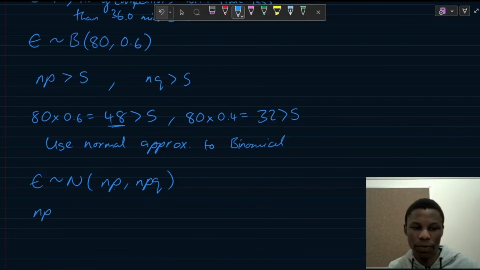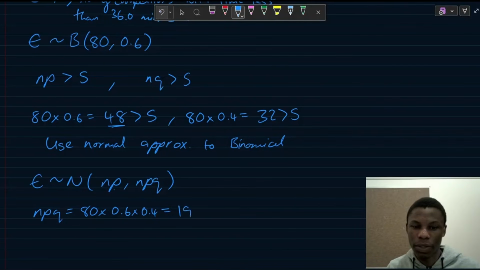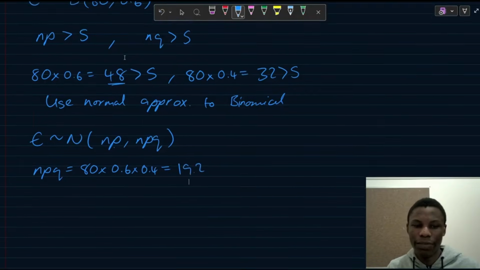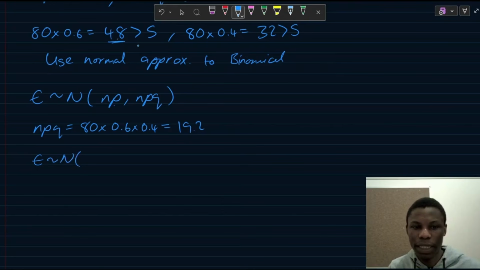For npq, we need to find what that is: 80 times 0.6 times 0.4, which gives us 19.2. So we have that E follows a normal distribution with mean 48 and variance 19.2.